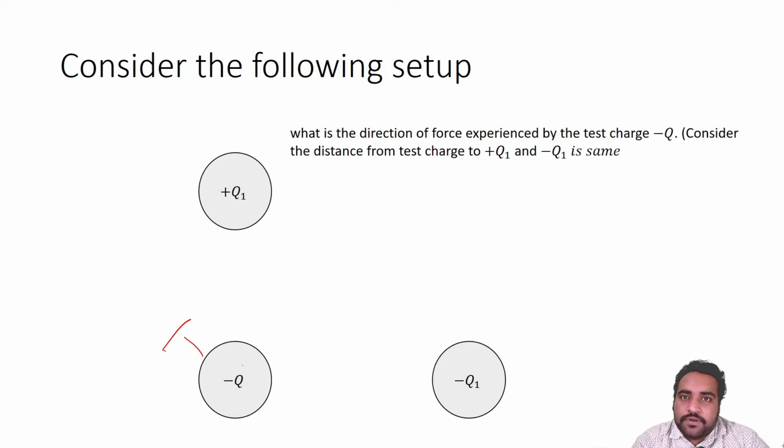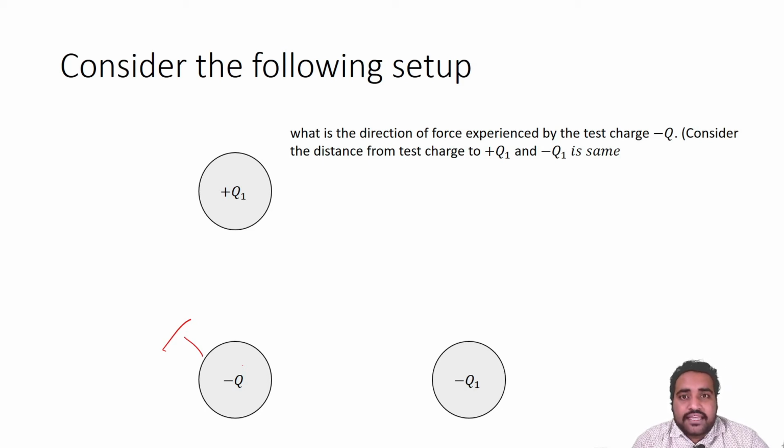To solve this problem, let us use the principle of superposition. The principle of superposition says that if there are more than one sources acting on a body, then the net resultant is just the algebraic sum of the resultants because of individual sources.